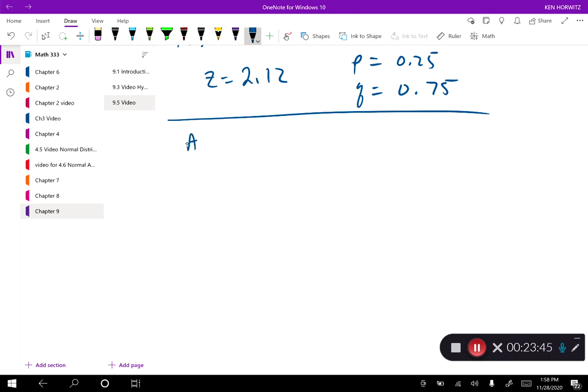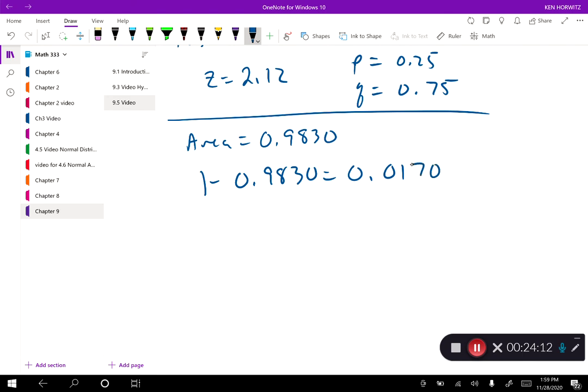The area equals 0.9830. And because it is a right-tailed test, we need to do 1 minus that. So 1 minus 0.9830 equals 0.0170.